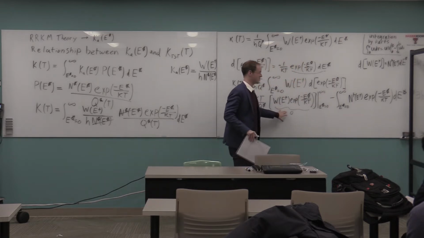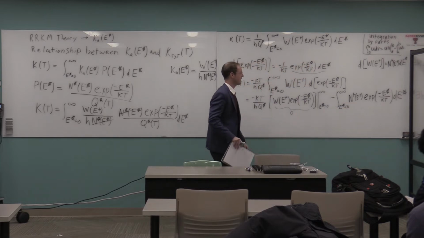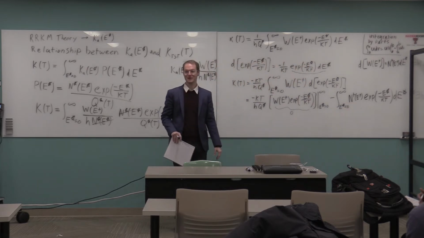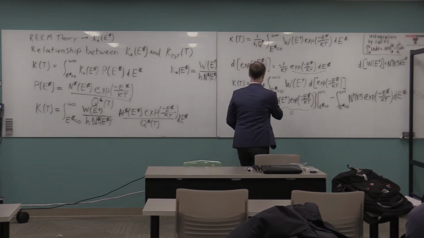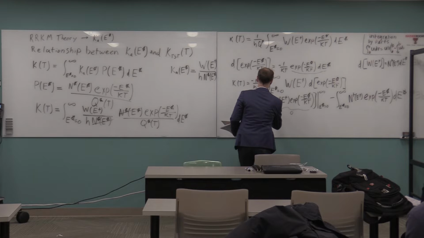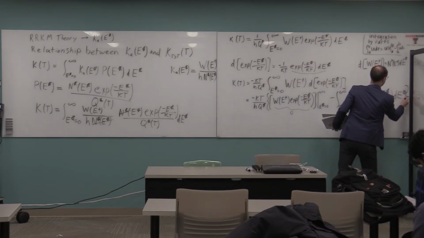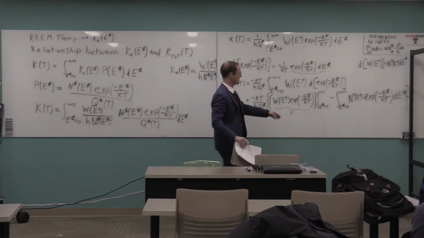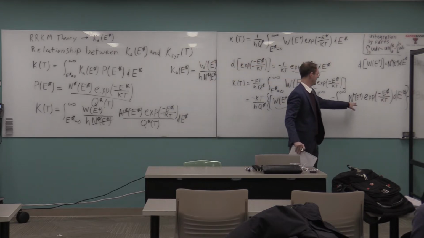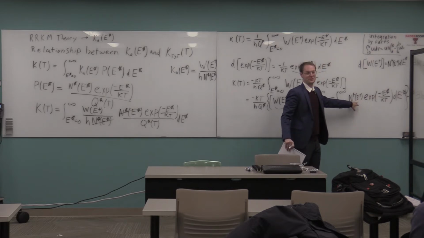Okay, so this first term is 0, but then we have the second term over here. What about that one? That one is something that we have a definition for. Actually I forgot a bracket. So this kt over hq multiplies this whole thing. And so this is an integral of the number of states at a certain energy, or the degeneracy of states at that energy, right?